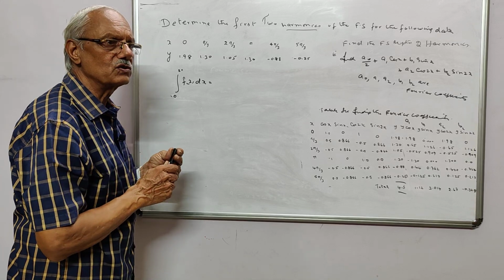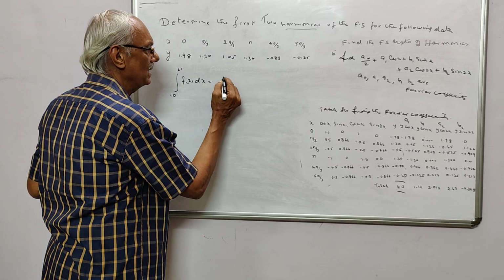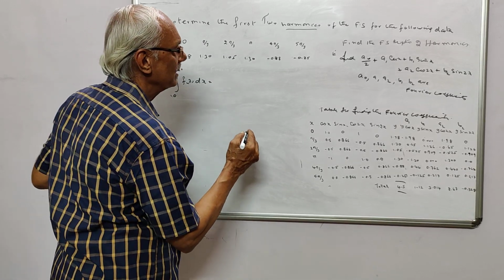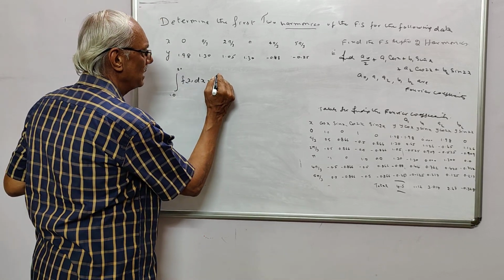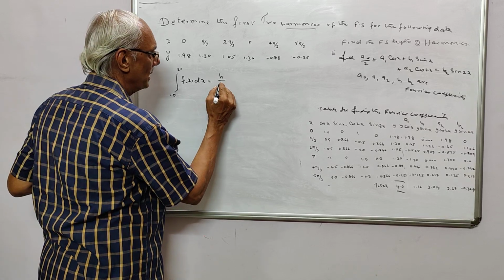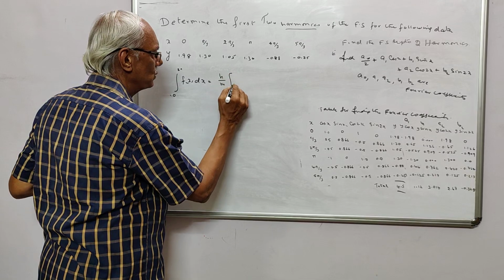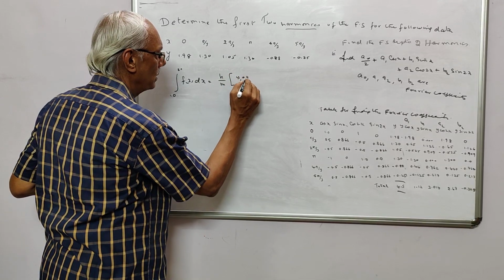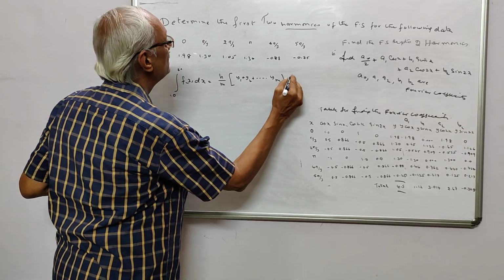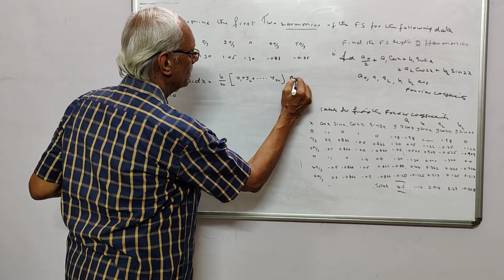Now the trapezoidal rule states that it is h by 2 into y1 plus y2 plus dot dot dot ym. This is your right hand value.